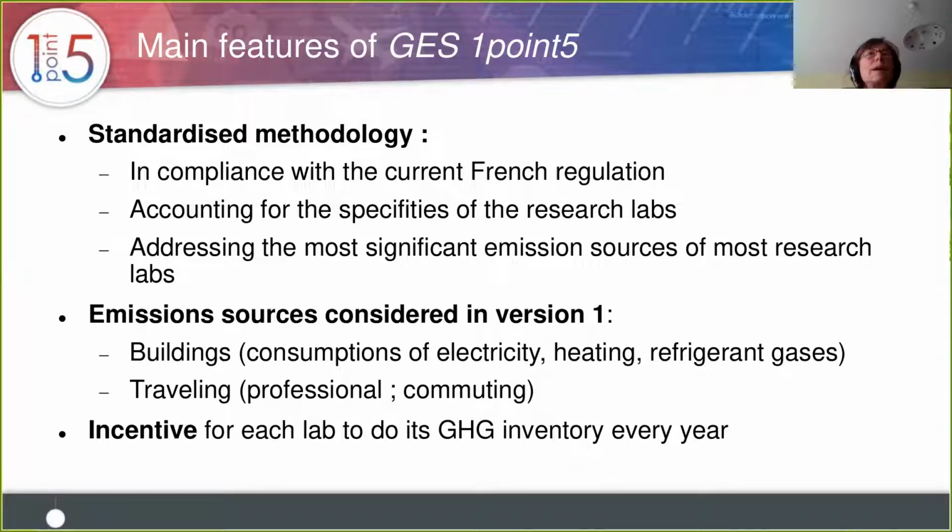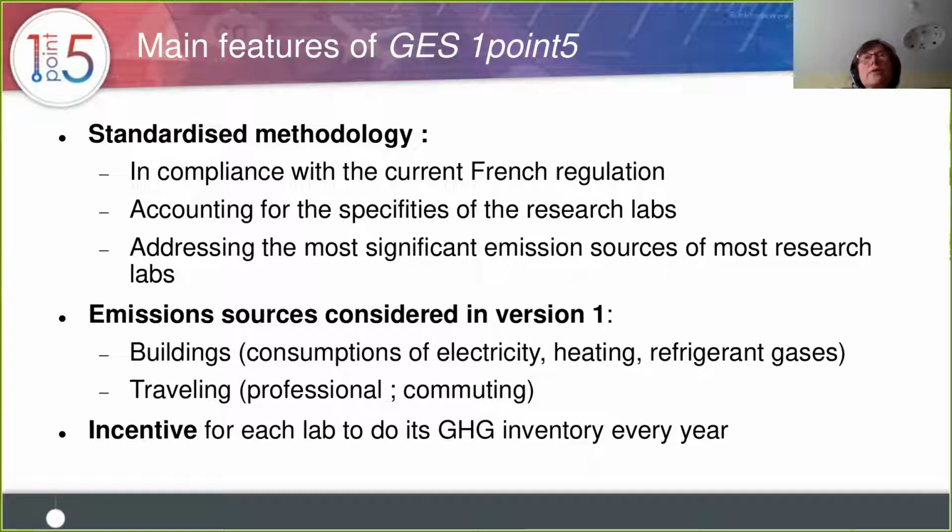But we also account for the specificities of the research labs. And we'll give you an example afterwards. What we want to do is, first of all, focus on the most significant emission sources of most research labs. We do not want to do an exhaustive list of all the emissions that have been generated by a laboratory, but just focus on the most significant ones.